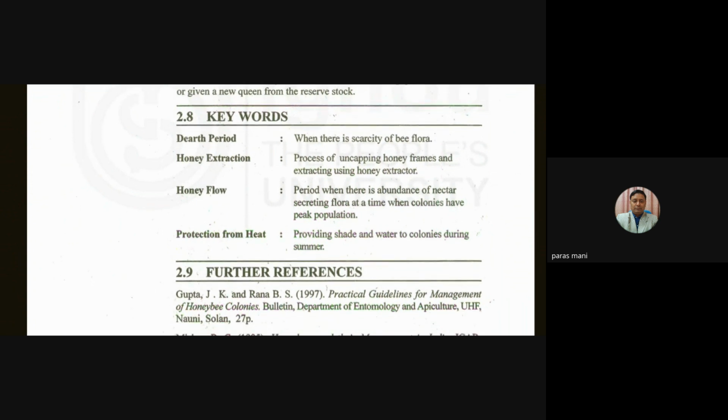We extract with the centrifugal principle, then filter and process it. Honey flow is the period when there is an abundance of nectar secreting flora at the time when colonies have peak population.